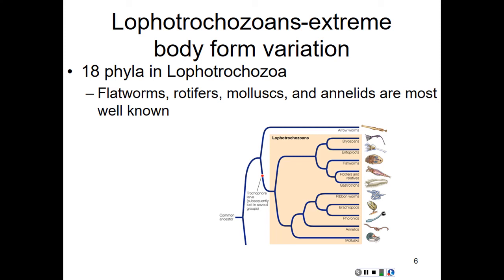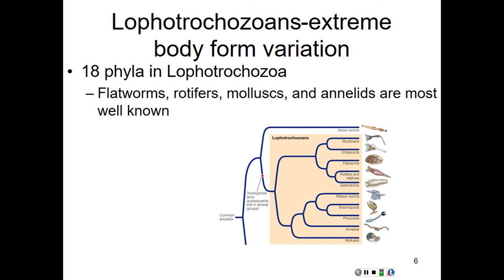There is extreme body form variation within the Lophotrochozoa. The name comes from two structures that are possessed by some of the members.